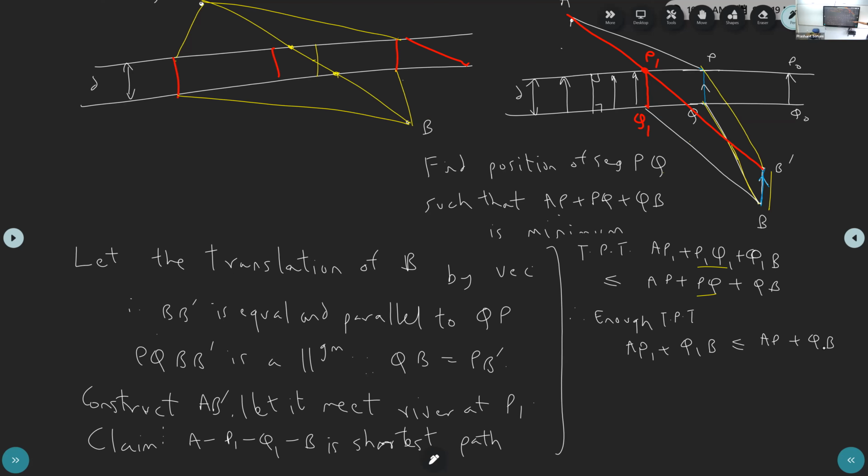And now because of the way we constructed, we know that Q1B is the same as P1B dash, right? So I can replace this term by P1B dash. And in the same way, I can replace the term QB by PB dash.